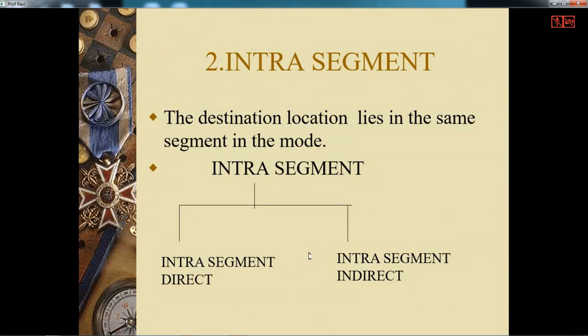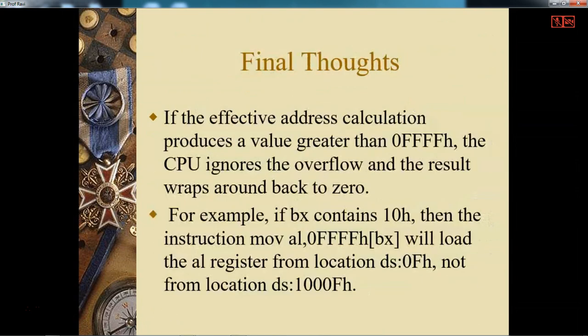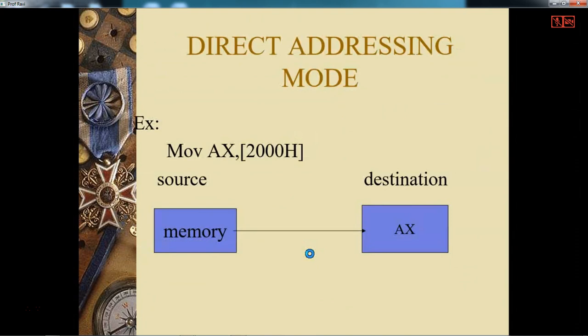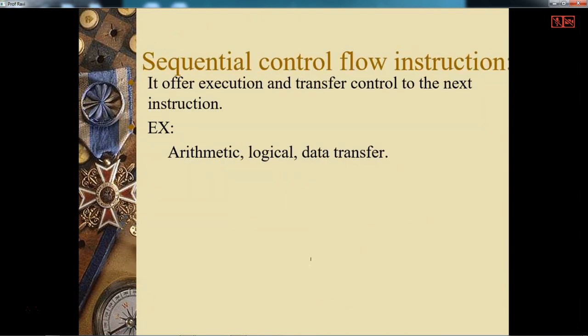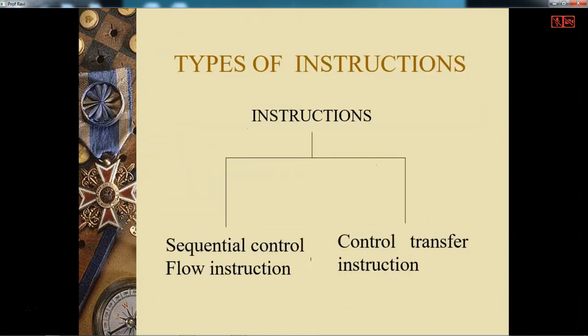Now I'll just recapitulate how we started. Based on the instructions, and when we are trying to use an instruction, we define different addressing modes for each instruction. Coming to the types of instructions: sequential control flow instructions and control transfer instructions.